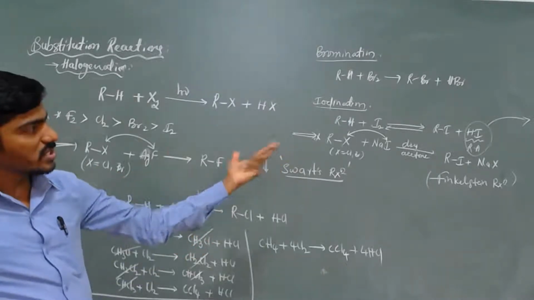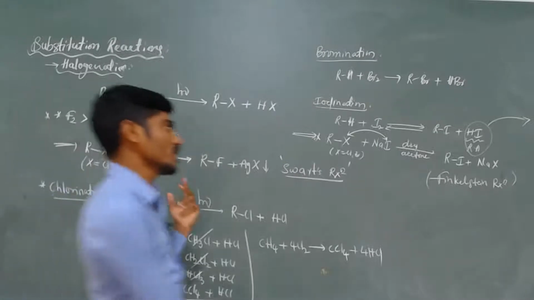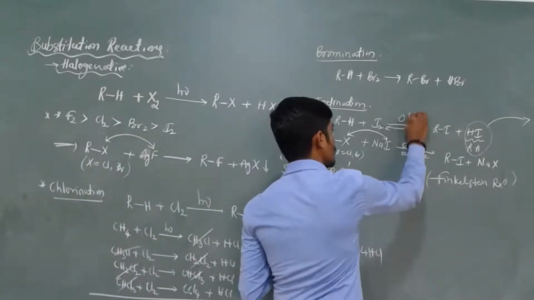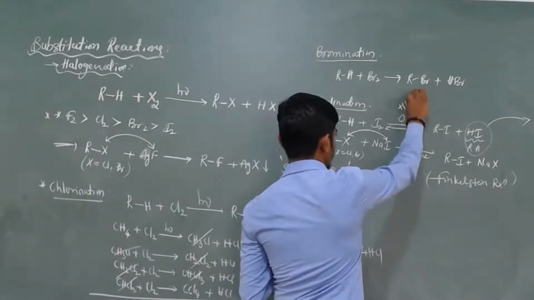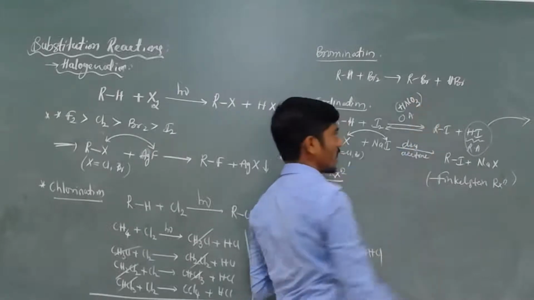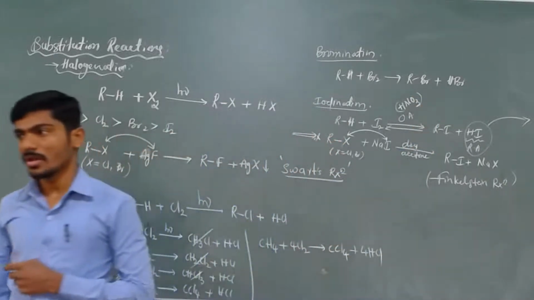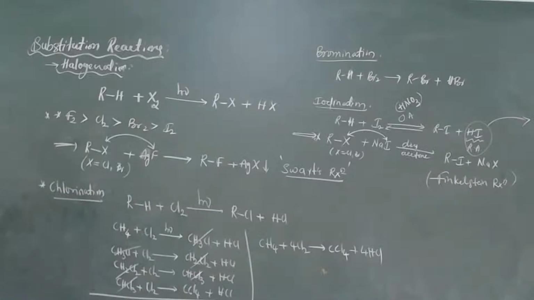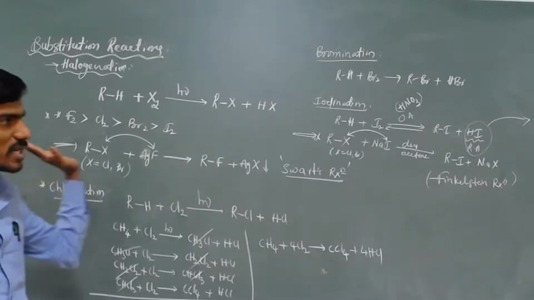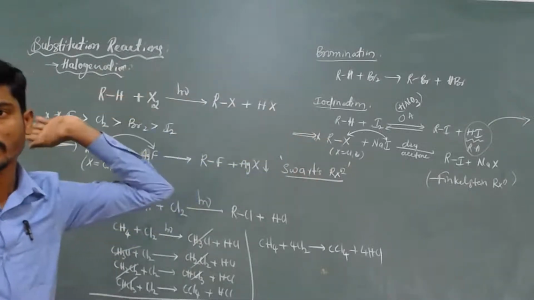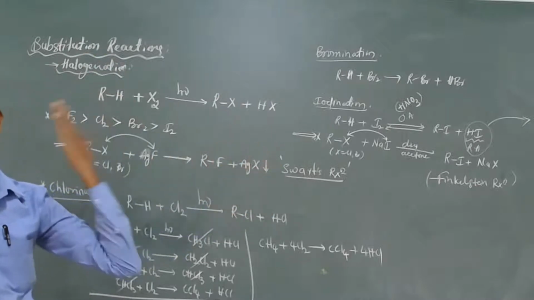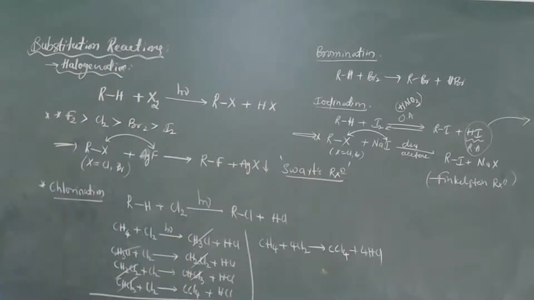But iodination is reversible, so we use an oxidizing agent like HNO3 or HIO3. In the presence of an oxidizing agent the reaction proceeds in the forward direction, or else it goes backward.